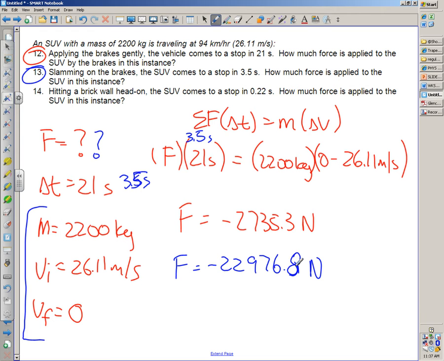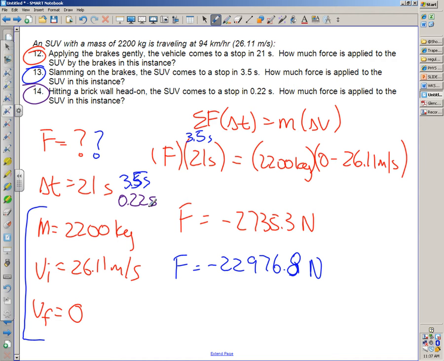Just to finish it off, in number 14, right now, no brakes at all. Okay? Hitting the brick wall in a head-on collision, the SUV comes to a stop now in 0.22 seconds. Okay? But does any of the information, mass or velocity-wise, change?